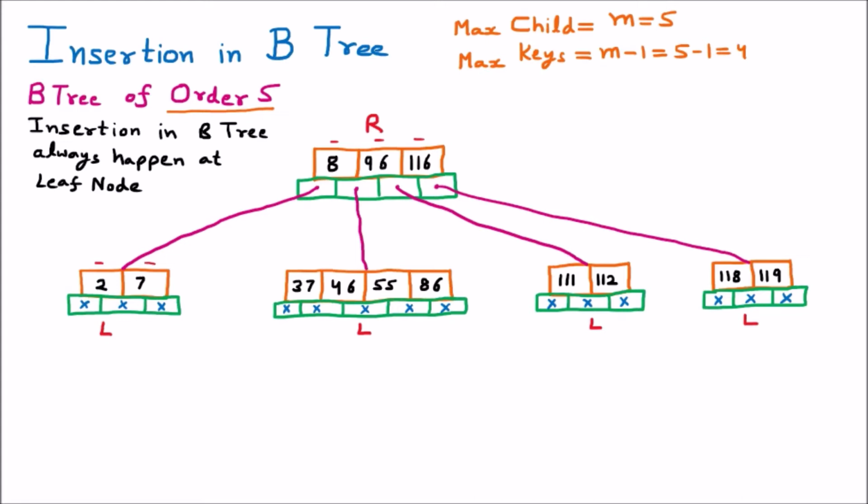They are in ascending order. Now the next node has the keys 37, 46, 55, 86, ascending order. Then 111 and 112 in ascending order. Next node 118 and 119. So these are also in ascending order. That means the keys of every node are in ascending order.